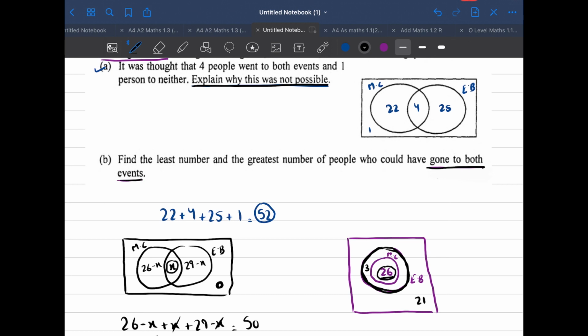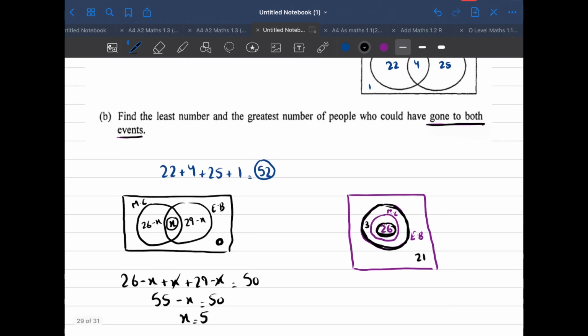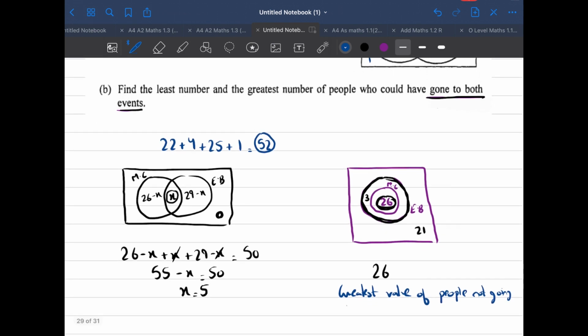So my answer will be this value, that's what? 26. But if the question asks you the greatest value of people not going to both events, then the answer would be 21. Do you get this, guys?